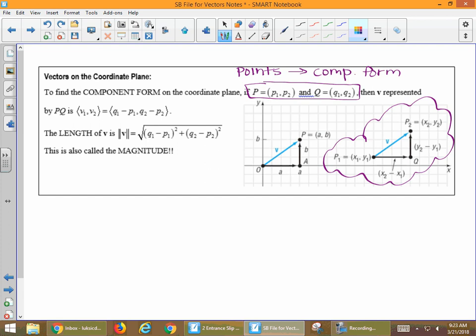All you have to do to find this is make sure you do terminal minus initial. So it's like distance formula. So your vector is just terminal minus initial for your x's, terminal minus initial for your y's.